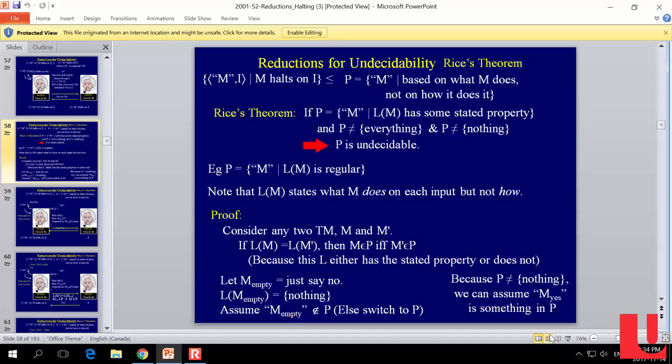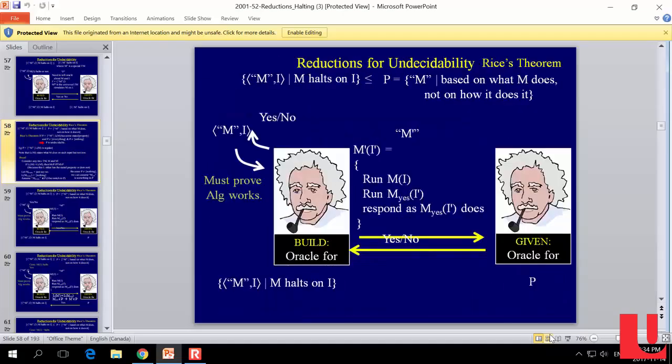So you should know the statement of Rice's theorem, and it's probably good to know the proof of Rice's theorem, because I might give you another problem that Rice's theorem doesn't quite work on, and then you can't use Rice's theorem. But it's a nice proof technique, and you can just sort of change the proof technique. Or maybe, who knows, maybe I'll even ask you in the test, give me the proof of Rice's theorem. I think it's one of the core theorems that's covered in this course, and I think you should know it.